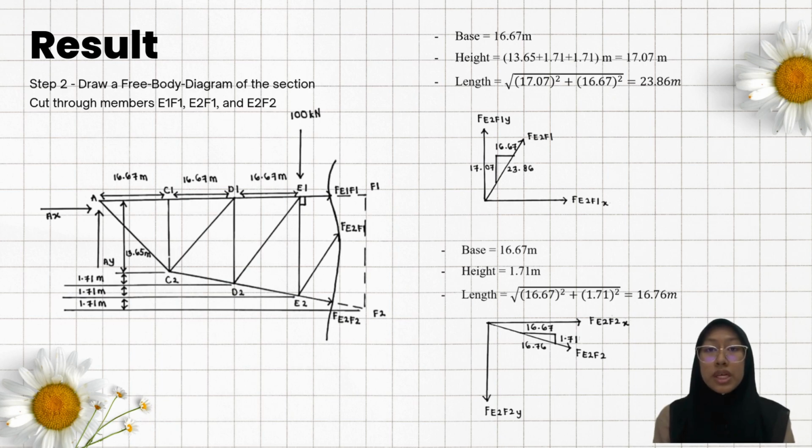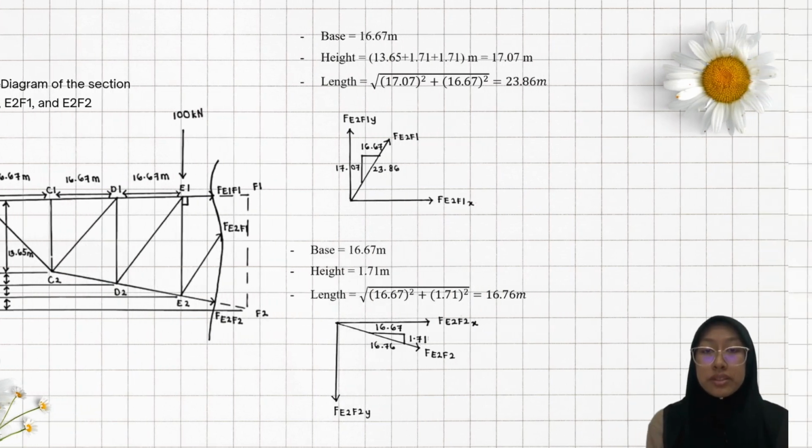For member E2 F1, the base is 16.67 meters, the height is 17.07 meters, and the length is 23.86 meters. Same step for member E2 F2: the base is 16.67 meters, the height is 1.71 meters, and the length is 16.76 meters.